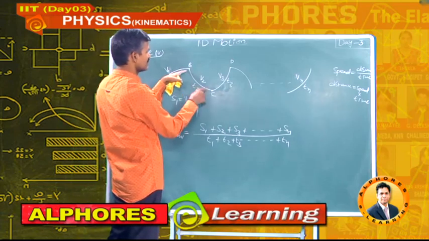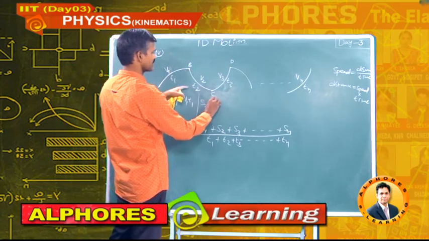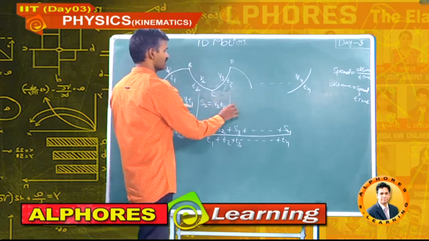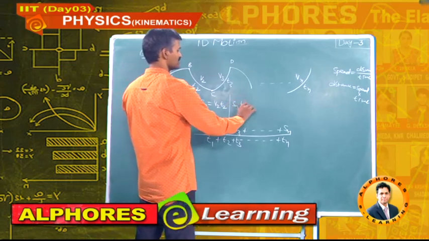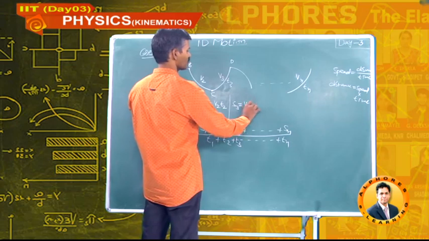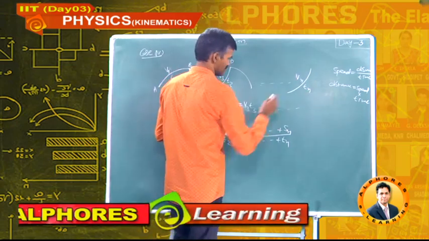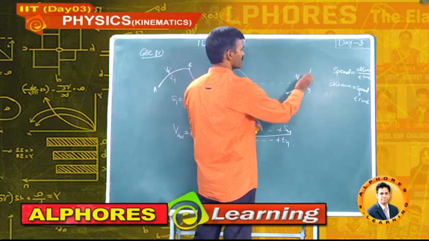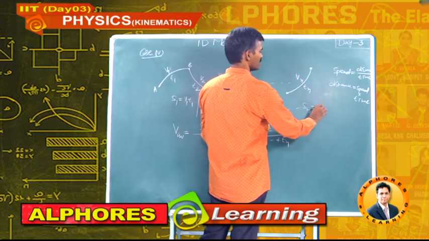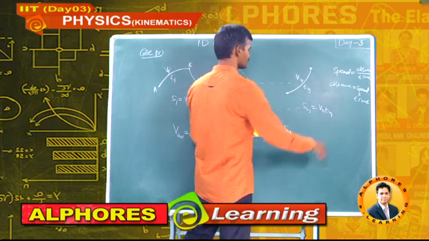Similarly, S2 is the product of T2 and V2. And similarly, S3 is V3 into T3, and so on. Sn is Vn into Tn.